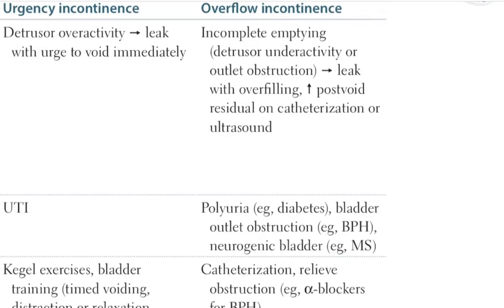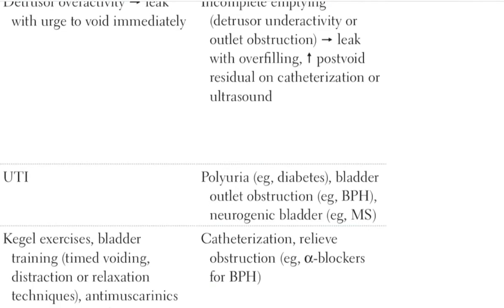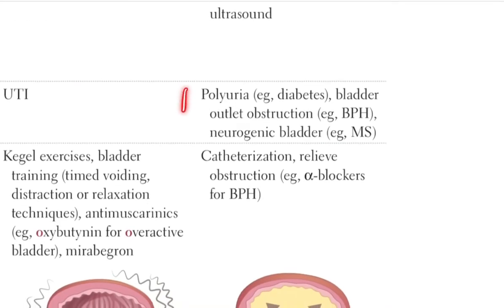Now, it can also occur due to outlet obstruction, for example benign prostatic hyperplasia. The major associations include polyuria, which is associated with diabetes, and bladder outlet obstruction, which occurs due to benign prostatic hyperplasia. Okay. Now, the third cause, which is often presented in the exam, is neurogenic bladder, presented as multiple sclerosis.